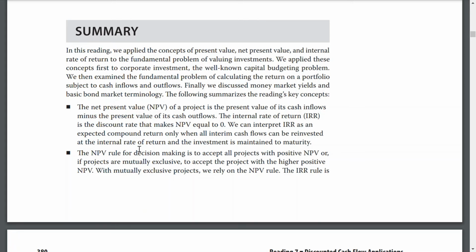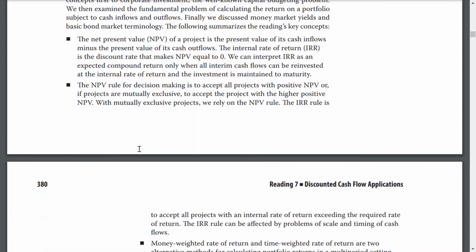The NPV rule for decision making is to accept all projects with positive NPV, or, if projects are mutually exclusive, to accept the project with the higher positive NPV. With mutually exclusive projects, we rely on the NPV value.